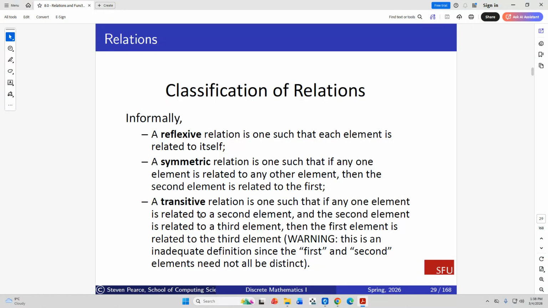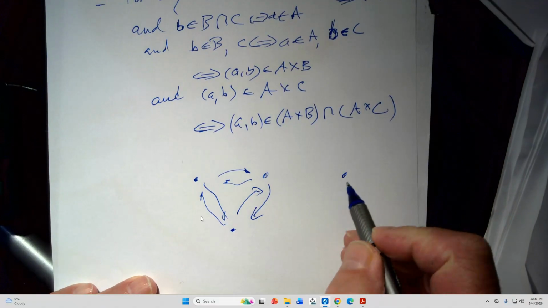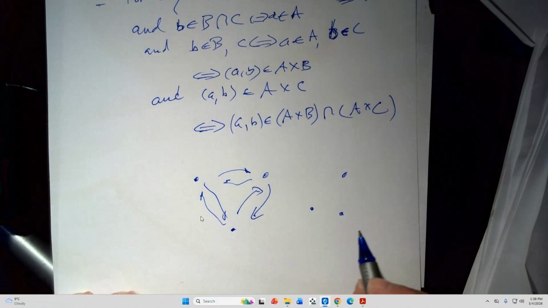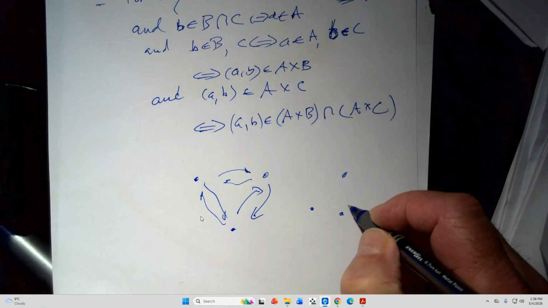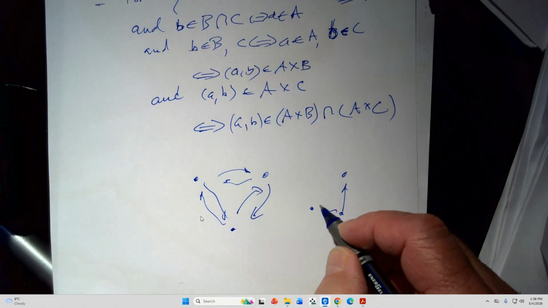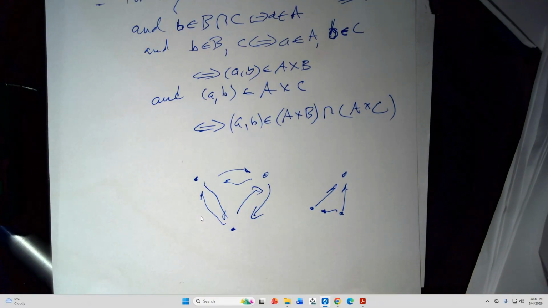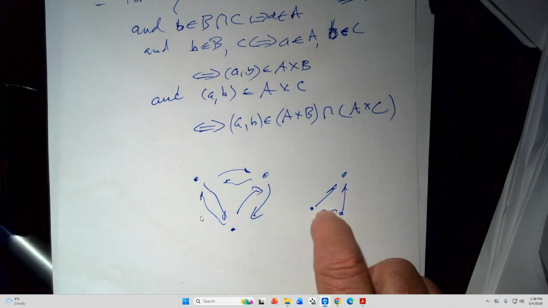Transitive. A picture says 1,000 words. Transitive is like this, where I have three nodes. If this can go there and this can go there, then this can go there. You can complete the triad. If you have this edge, you have that edge.